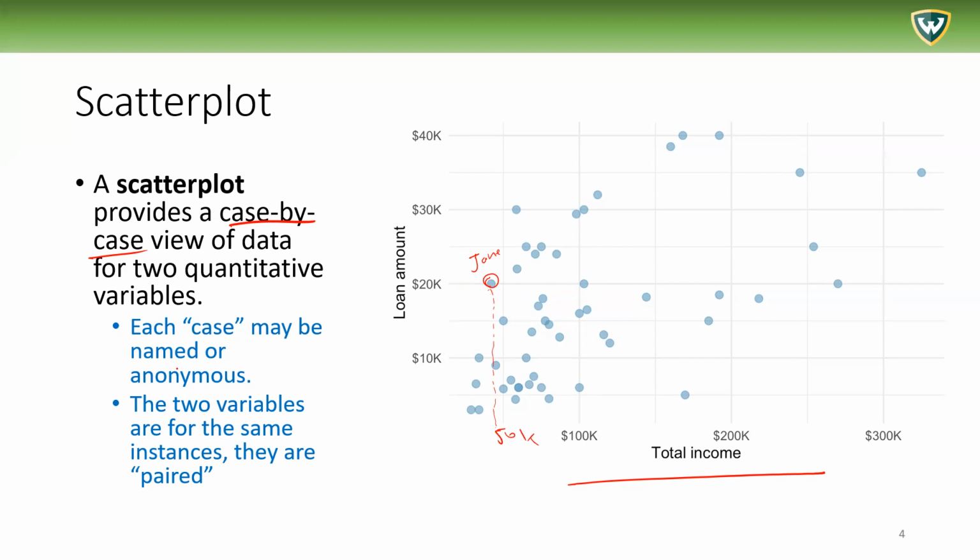Each case may be named or anonymous. So in this data here, we don't know if it's named or anonymous, but sometimes we will actually have an identifier of what the dot is or what the records are. So these can be countries, and the identifier would be a country name.